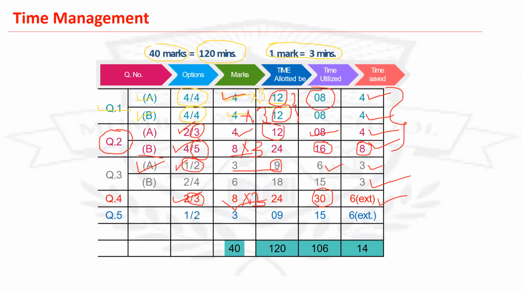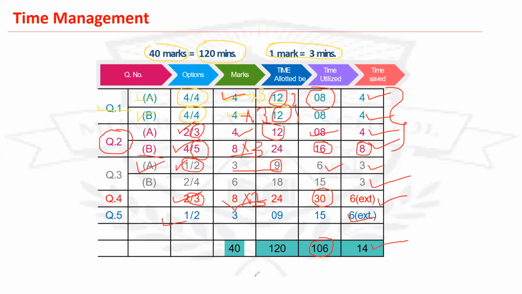Again, for question number 5, same thing. It takes 6 minutes extra over here. Now, if you go with the overall calculation, the time utilized is how much? 106 minutes. Still, you have got 14 minutes with you at the end.